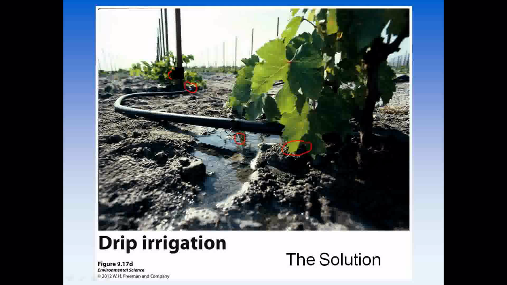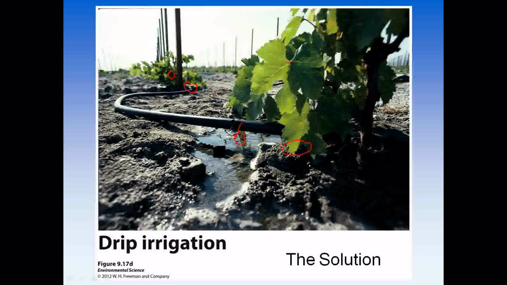Another hole there. You get the idea. All along, the water only leaks out directly to where the plant is. And the reason this diagram is like this is because they want you to be able to see the water coming out of the hole here.